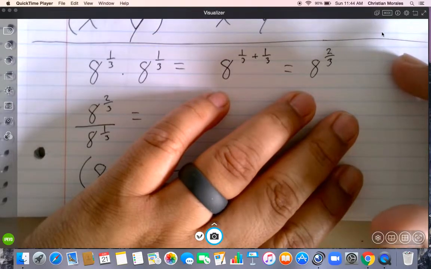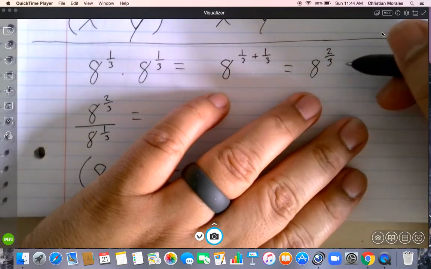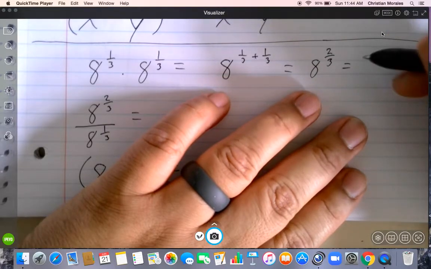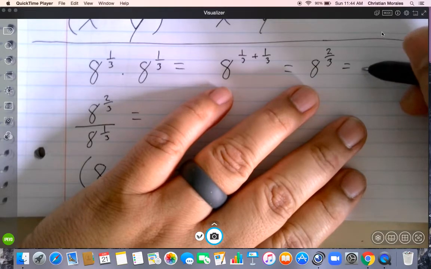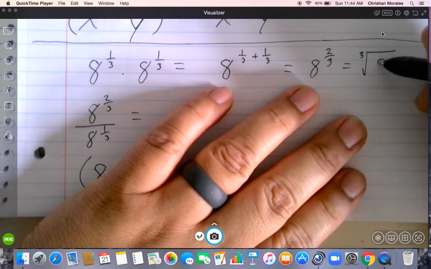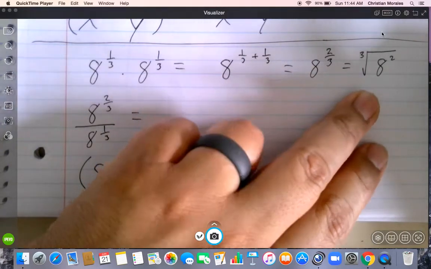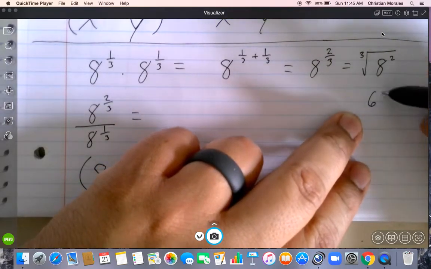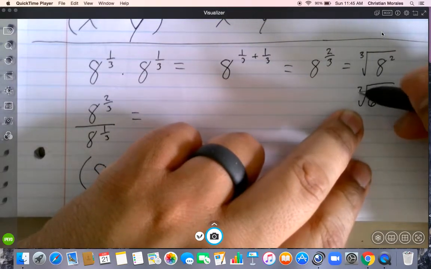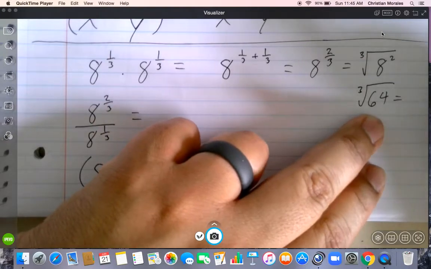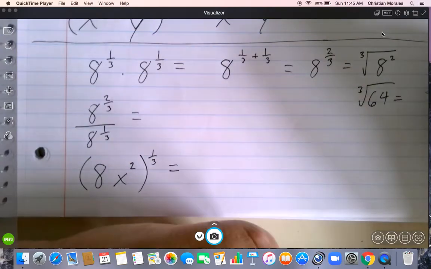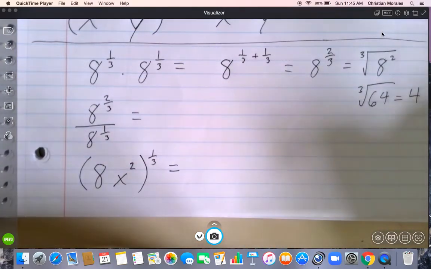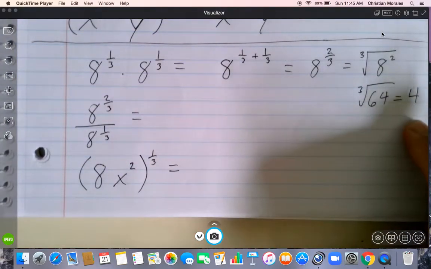It's totally up to you. So if you want to, we can just square it. So we can do cube root of 8 squared. This would be 64. And then in your calculator, if you take the cube root of this, I want to say 4. Cube root is 4. And that's your answer. The answer is 4.